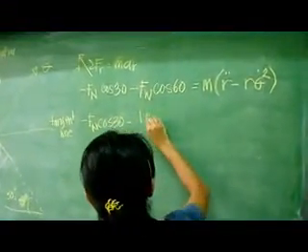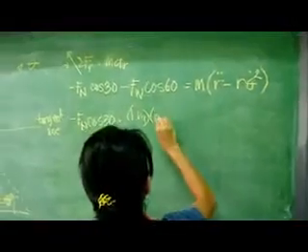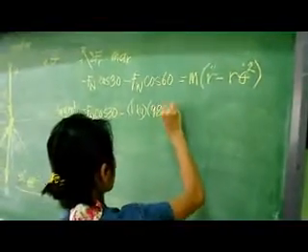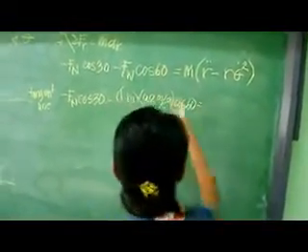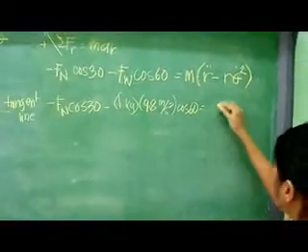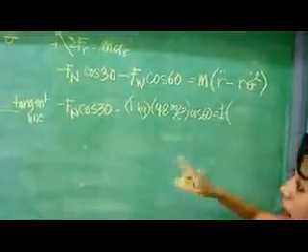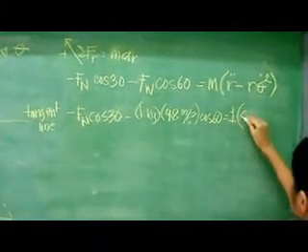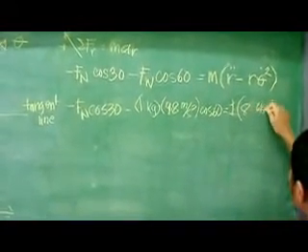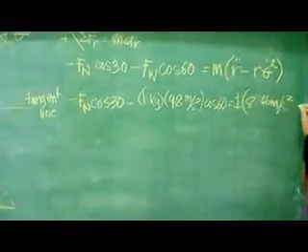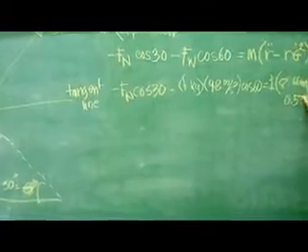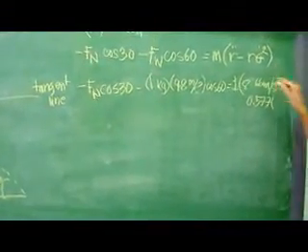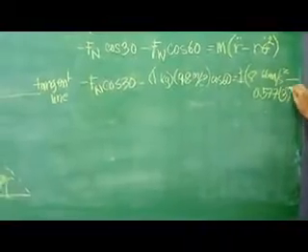So we have 1 kilogram times 9.8 meters per second squared times cosine 60, equal to, also our m has a value of 1 kilogram, so 1 times our r double dot, which is 8.66 meters per second squared, minus our value of r, which is 0.577 meters, and our theta double dot is 3 rad per second squared.